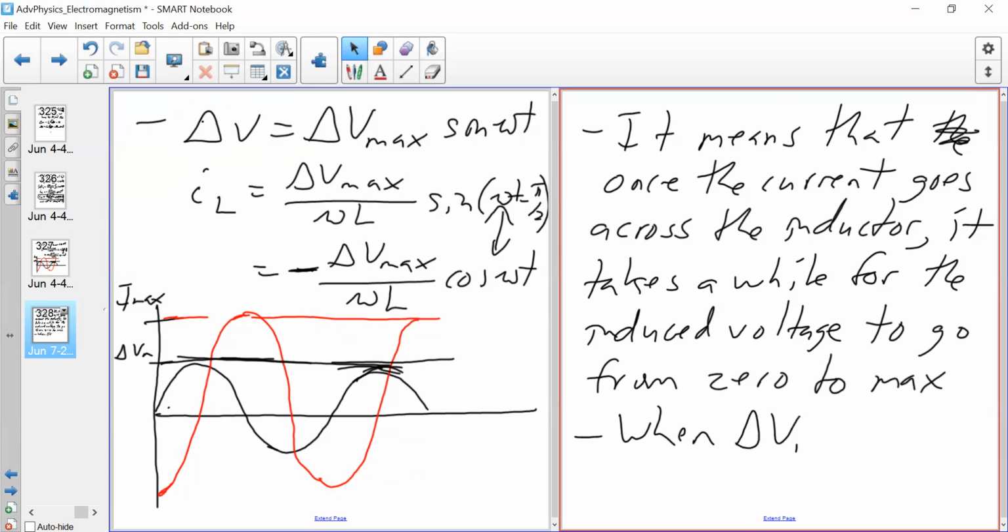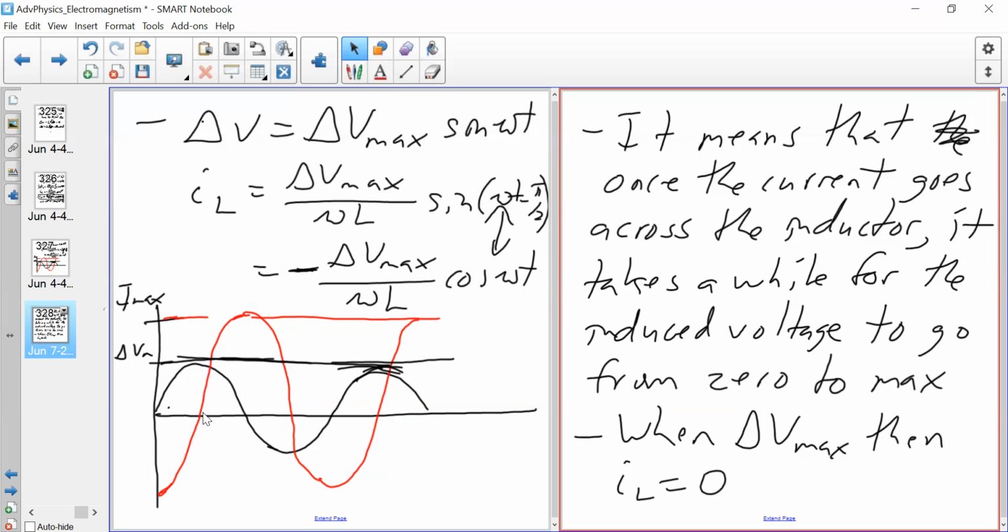When the voltage is a maximum, then the current is 0. So like right here, when delta V is max, the current is going to be 0.